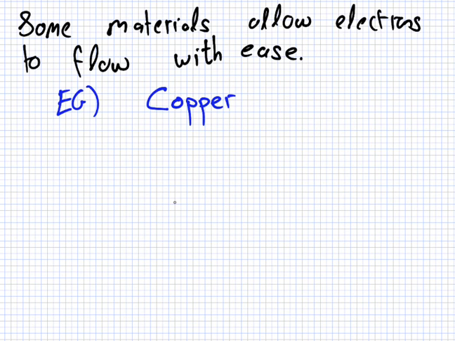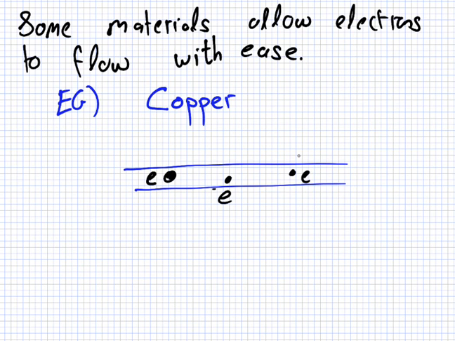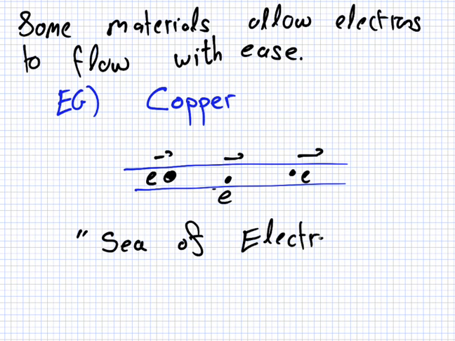So if you have some copper, it's very easy for these electrons to move inside of it. And in fact, I think you use this expression in chemistry. Do you use this with Lorraine? Sea of electrons? You've heard this one before?